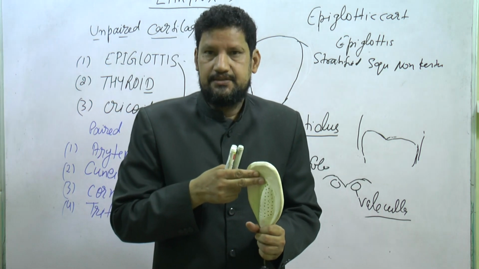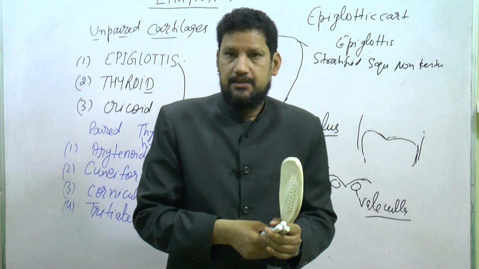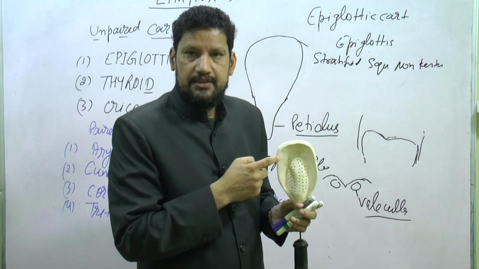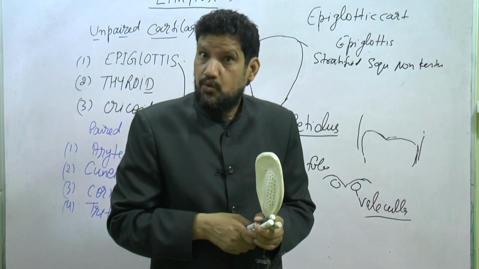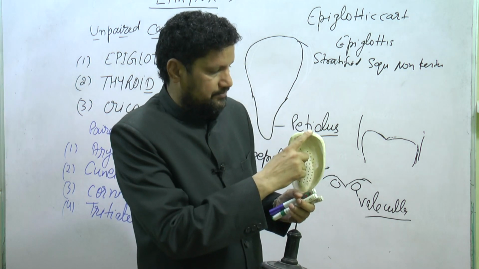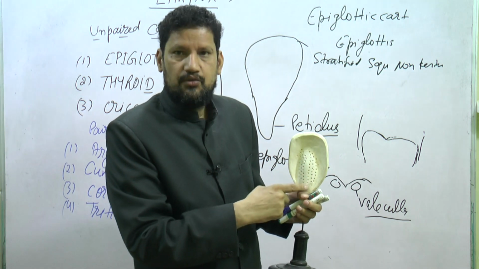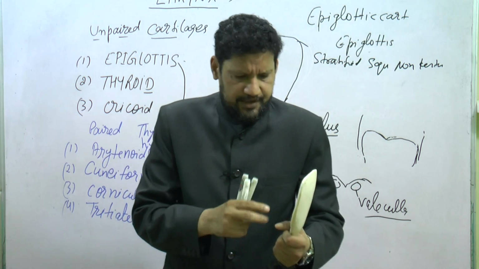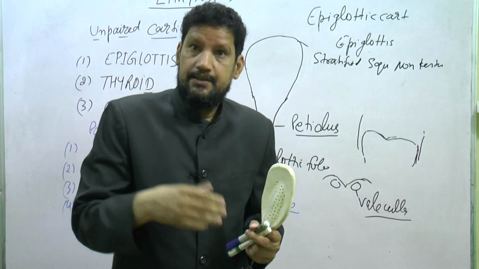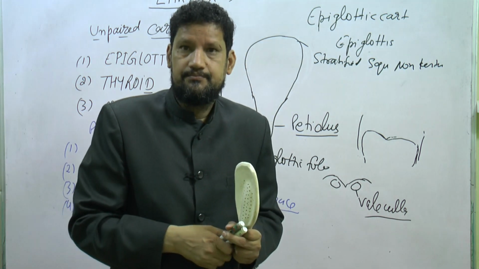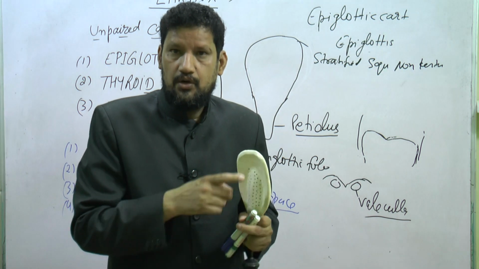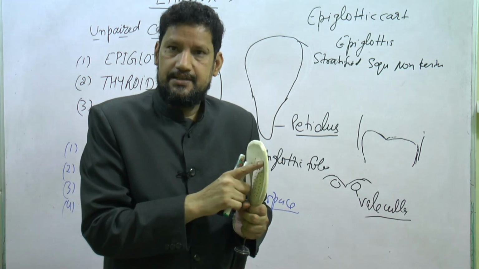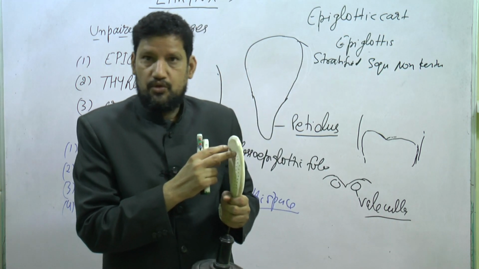The posterior surface is concave transversely, and concavo-convex vertically. The posterior surface is forming the anterior wall of the upper part of the laryngeal cavity, which is also known as vestibule.